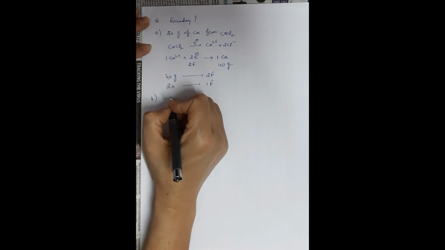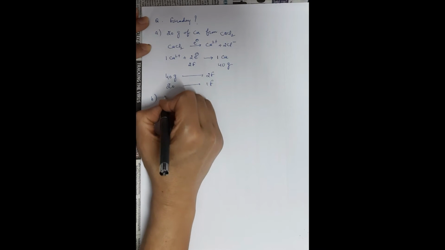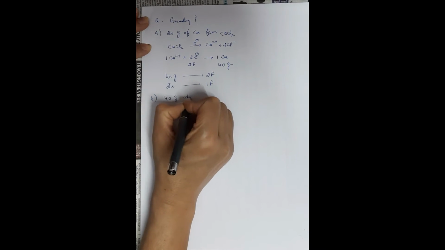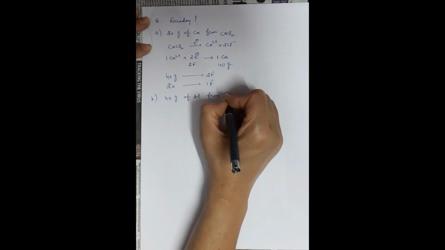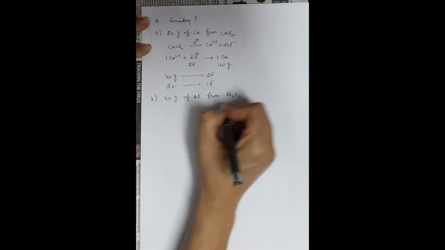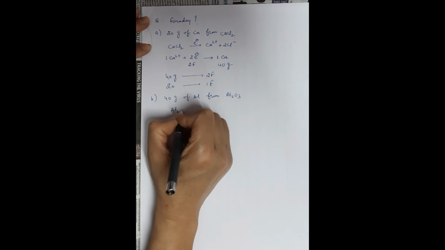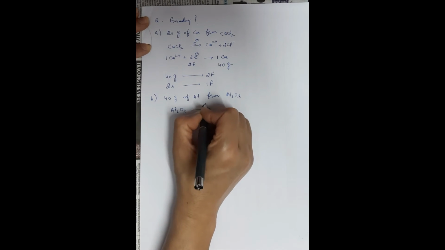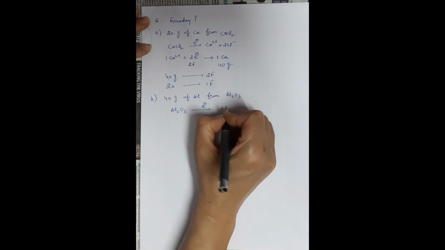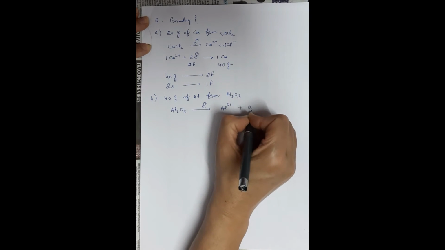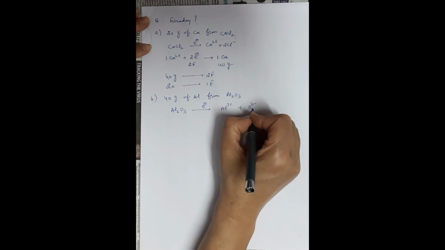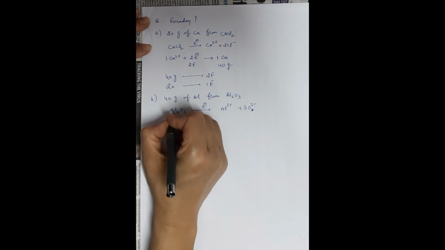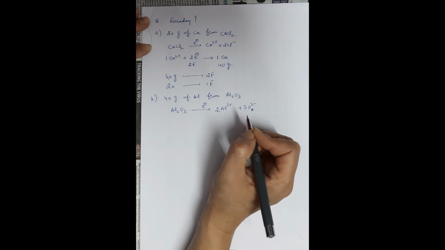Similarly, there is another part. 40 gram of aluminium from Al2O3. What happens when electricity is passed through aluminium oxide? You will get aluminium ions and oxide ions. How many oxide ions will be there? 3 oxide ions. And how many aluminium ions? 2.